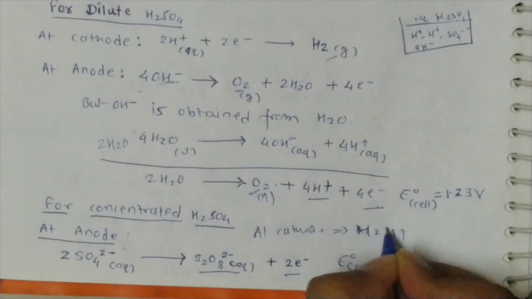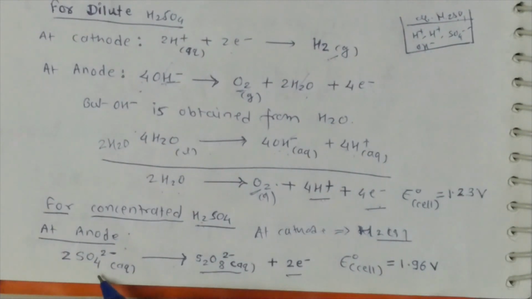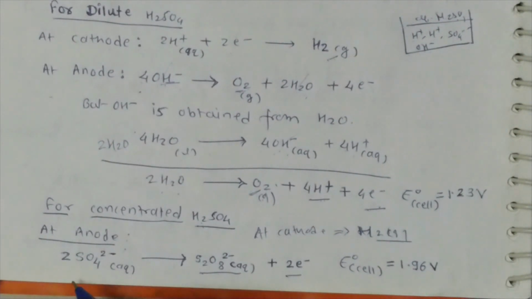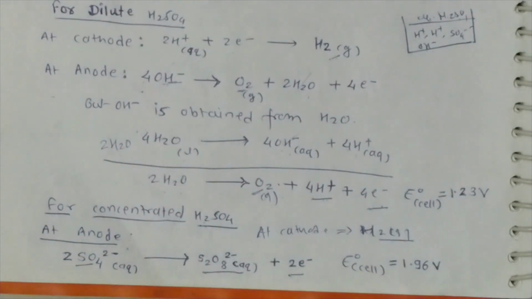Now OH minus ion and SO4 minus ion compete at the anode. In case of concentrated H2SO4, sulfate ion will get oxidized, not the OH minus ion, as happened in case of dilute H2SO4. This is because the concentration of OH minus ion is less as compared to SO4 minus ion.